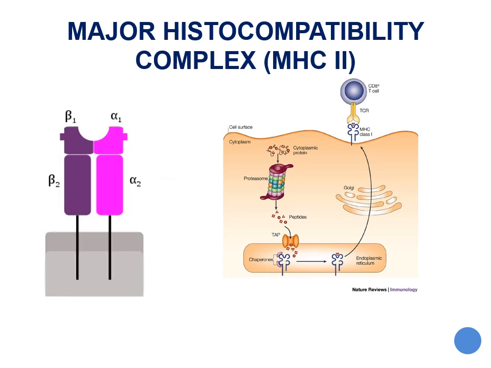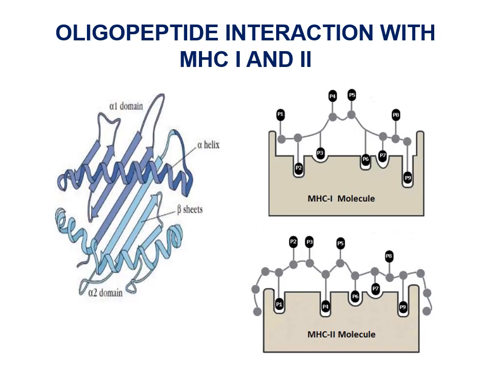Here we can see the major histocompatibility complex 2, and what is important is that it has a slightly different structure.